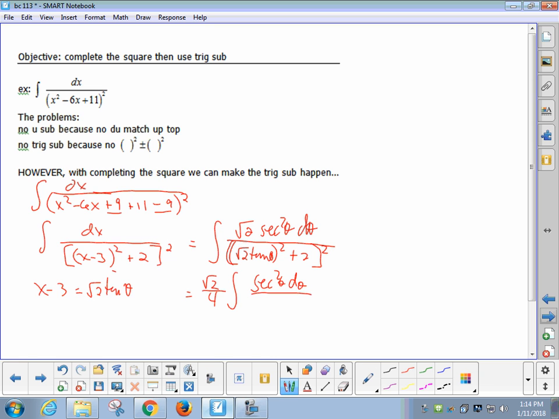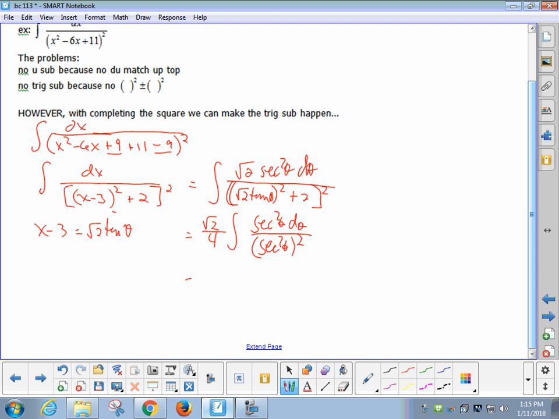Inside then I have tangent squared plus 1, which is secant squared. You cool? Okay. What do we do now? Yeah, divide out a secant squared, leaving me with a denominator secant squared, which is cosine squared.